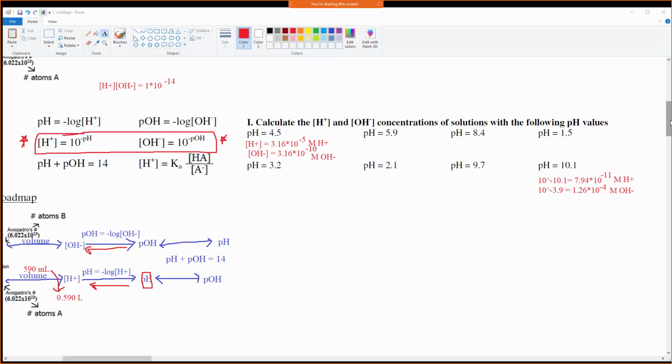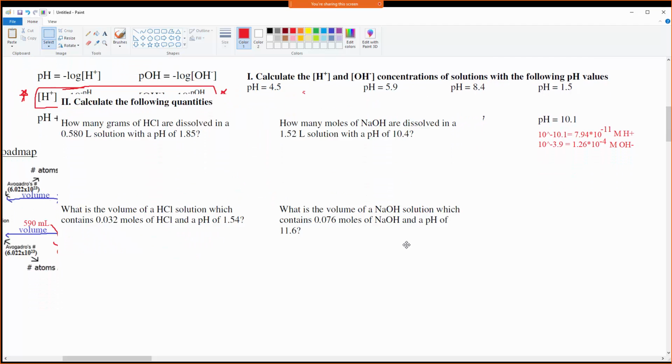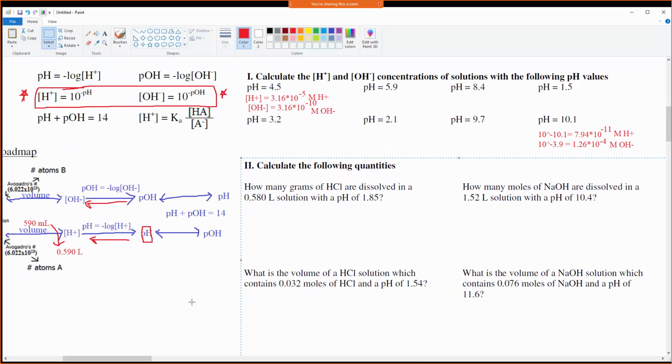Okay, so this next step in your worksheet is just taking this one step further. That is, if I give you liters and pH, can you go back to grams, for instance? Or if I give you liters and pH, can we go back to moles and so on and so forth?